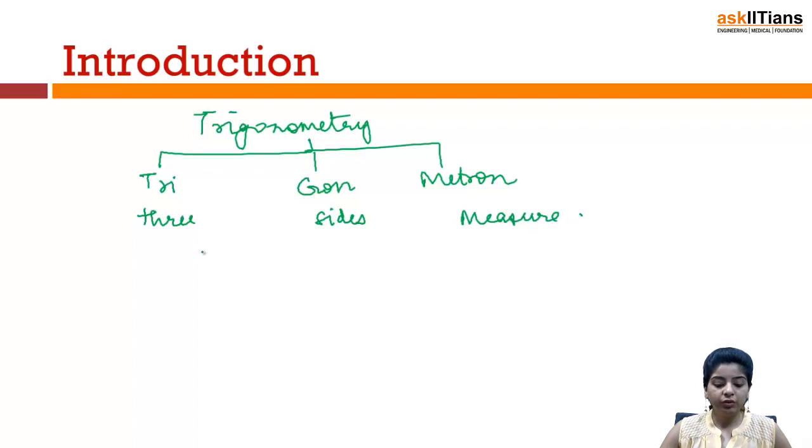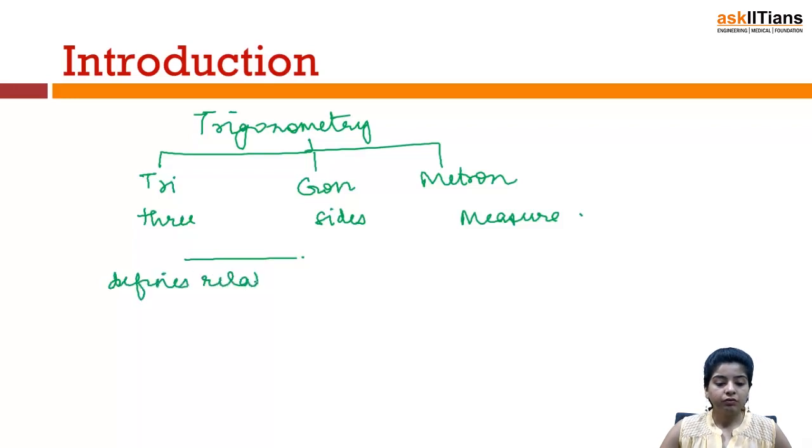So in ancient times also, trigonometry was associated with the sides of a triangle, or it defines relations between the elements of a triangle, right?